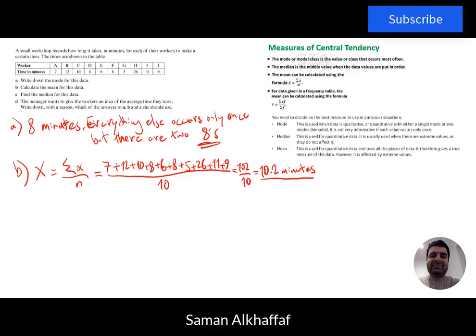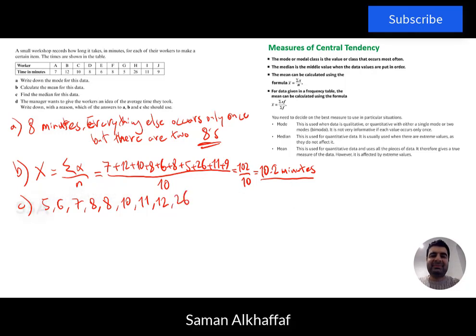Now for part C, we need to find the median for this data. To find the median, we can rearrange these from lower to bigger. So we have 5, 6, 7, 8, 8, and then we have 9, 10, 11, 12, and also we have 26.